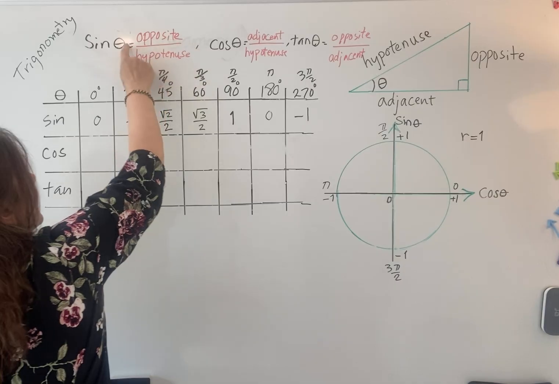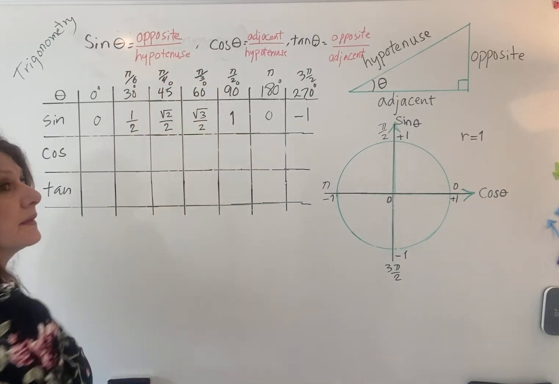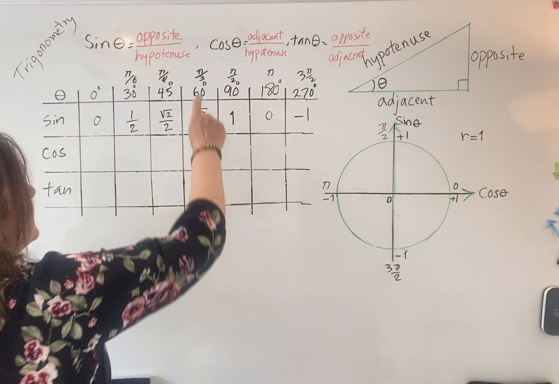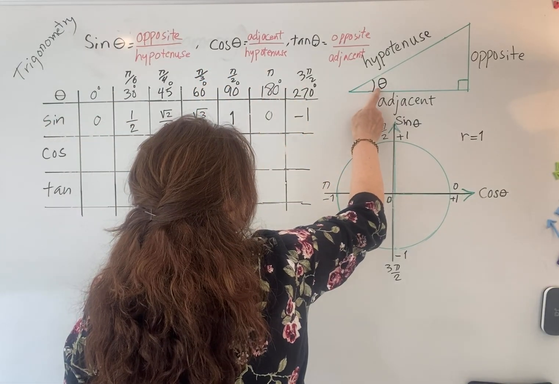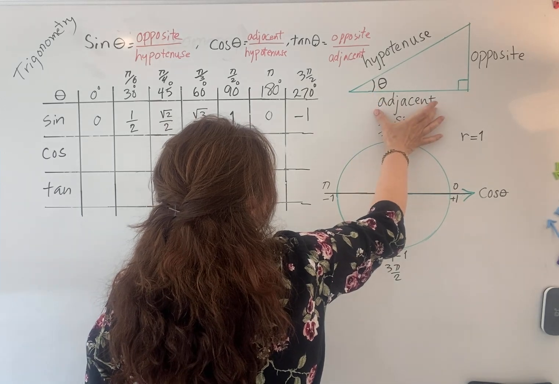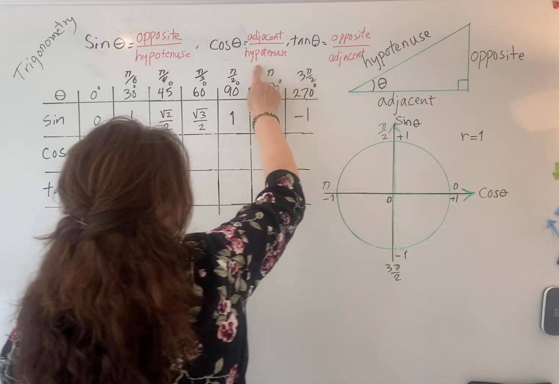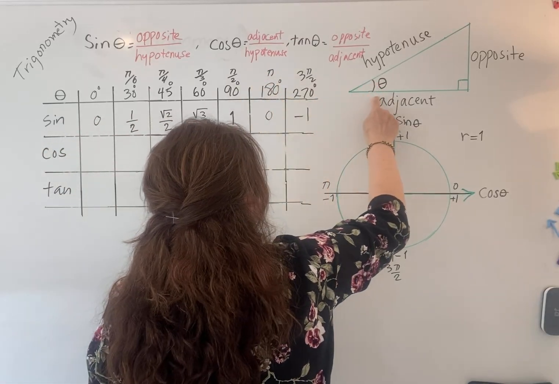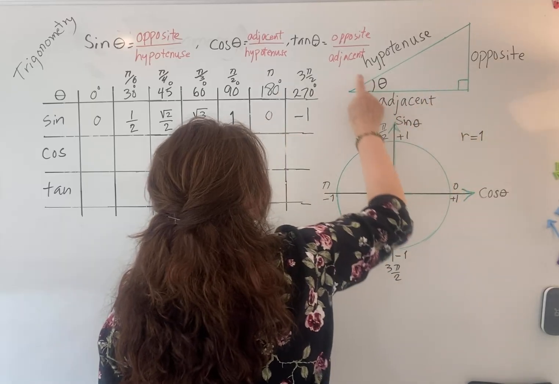The ratio of opposite side over hypotenuse. How about cosine of theta? Cosine of theta is the ratio of adjacent side over hypotenuse. And tangent of theta is just opposite side over adjacent.